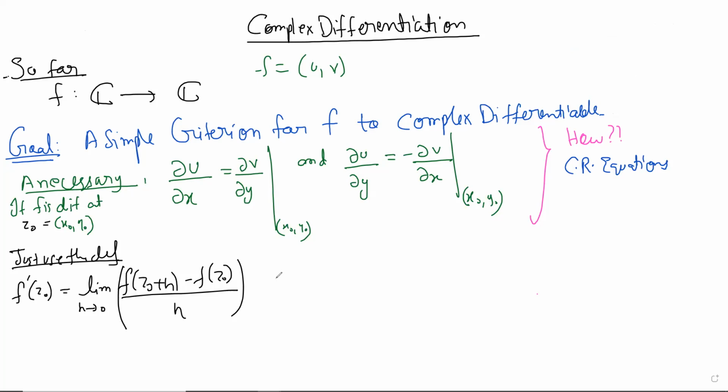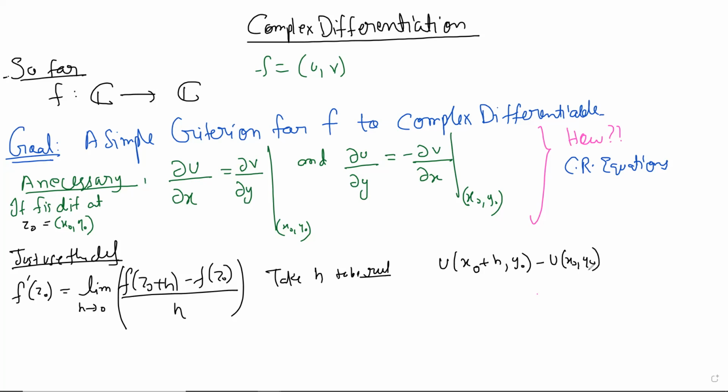So in this, if we take h to be real, we will see some other very obvious condition. Take h to be real. So h is just real, so it is h comma 0 in that sense. If you take h to be real, it means that you are not changing the y naught.